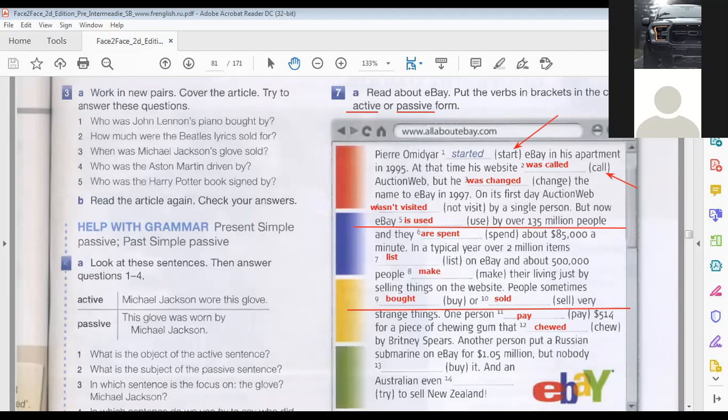Okay. And the last one? And an Australian even trying to sell New Zealand. Trying? Yes. Okay.